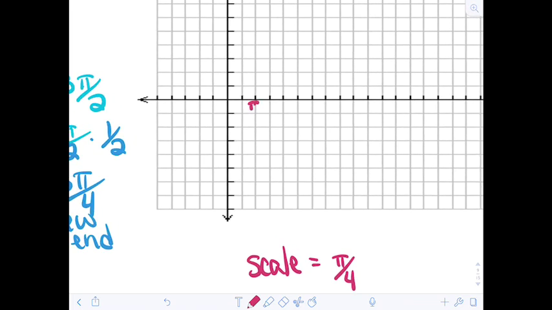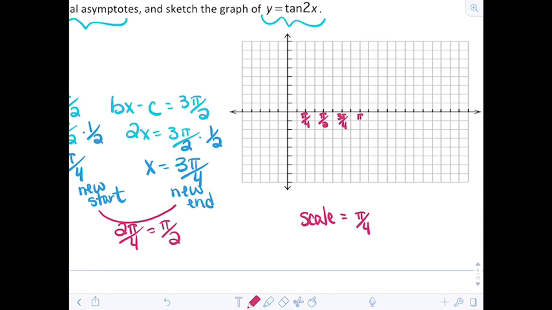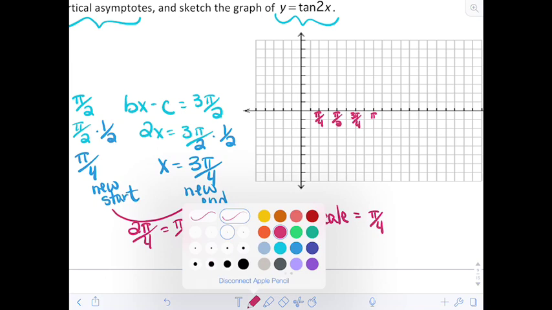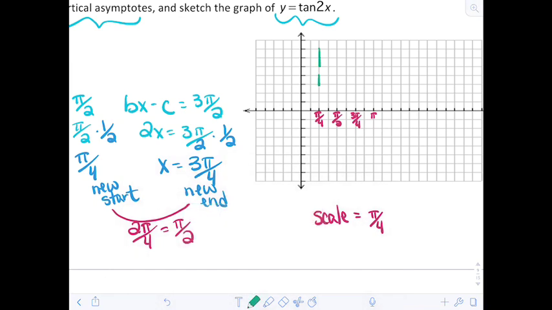So here would be pi over 4, 2 pi over 4, or pi over 2, 3 pi over 4, 4 pi over 4, or pi. And I'm actually going to stop right there because I know that my first asymptote is going to be at pi over 4. So I'm going to graph that. And my next asymptote will be at 3 pi over 4.